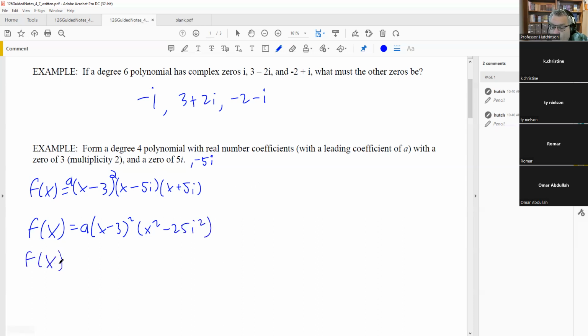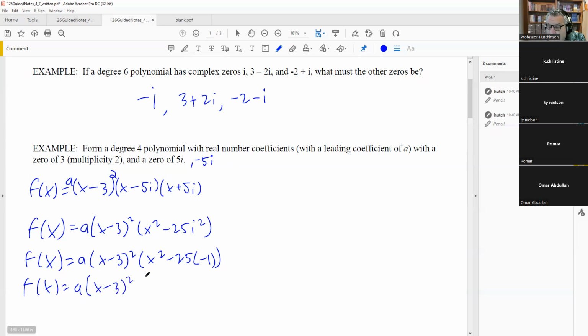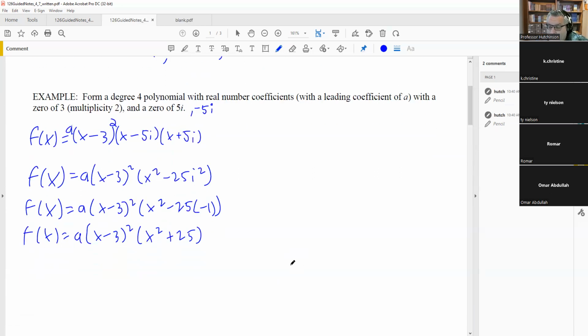What we remember from the imaginary number section we talked about is anytime you have i squared, you should be turning that into a negative 1. So I'm going to put a negative 1 in there for the i squared. That is going to change this into now a times, we have x minus 3 squared, and then this is going to be x squared plus 25. So now we have this part.